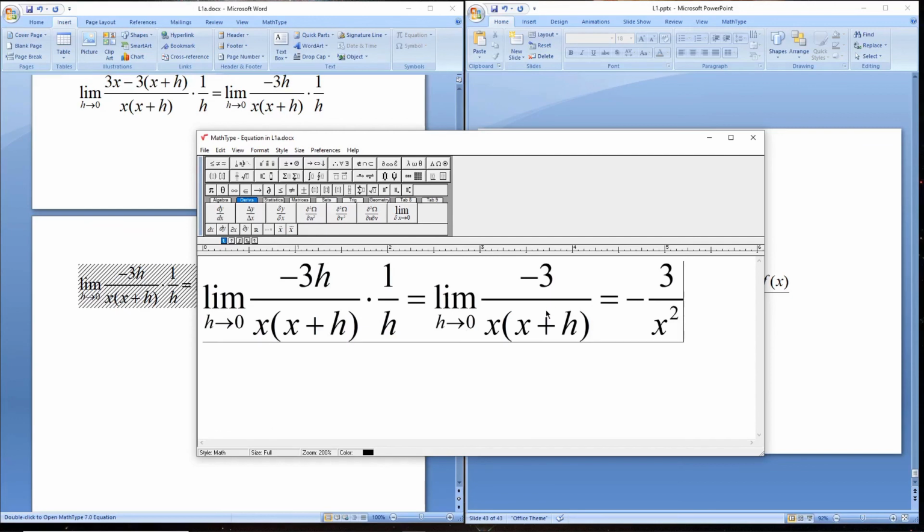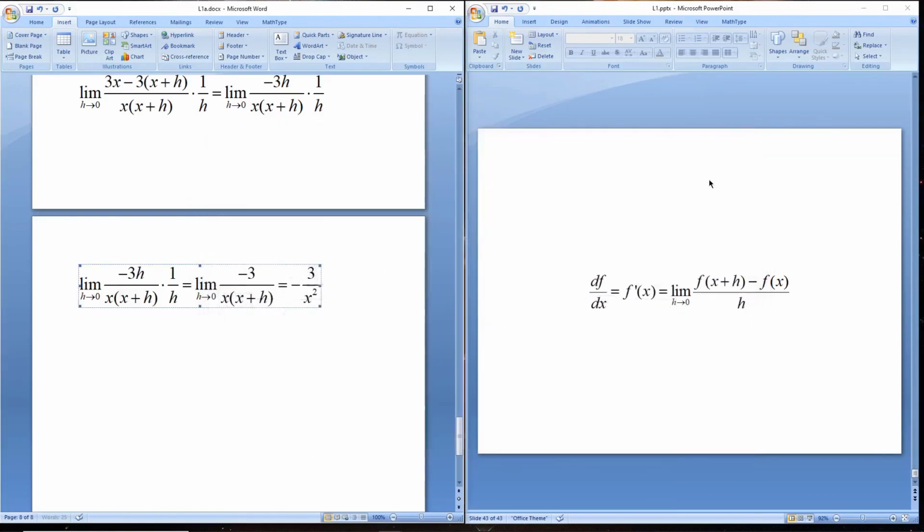So as h goes to 0, this is slowly going away, and all we have left is x times x. And that's our derivative.